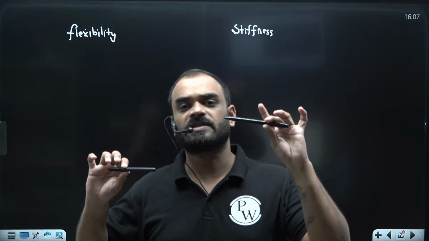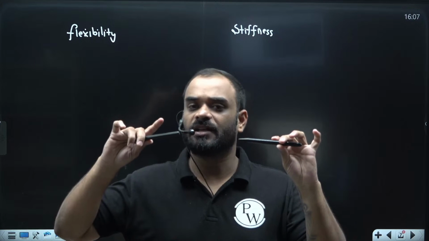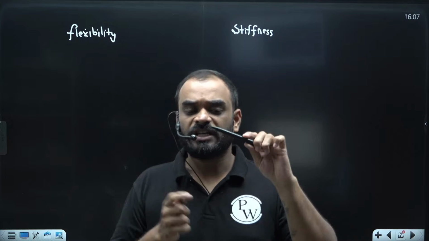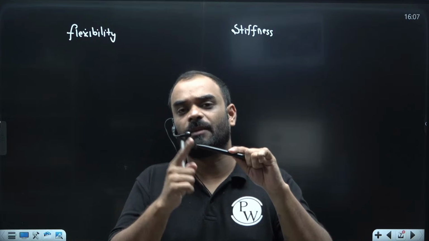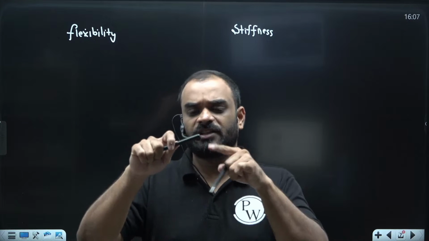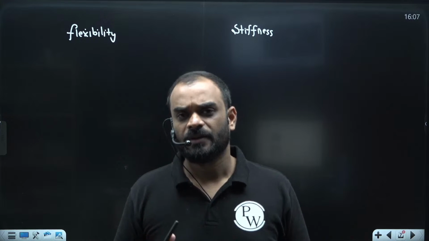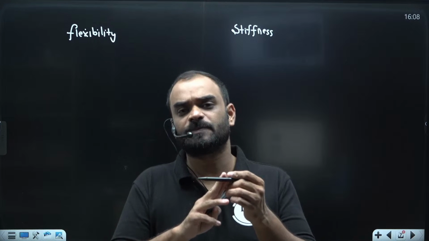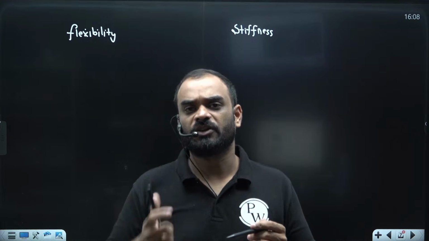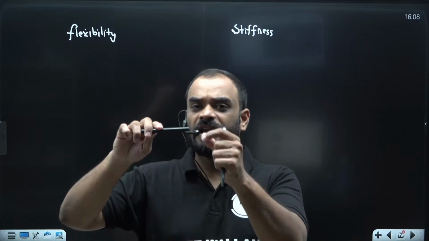In this case it is a unit force, in this case another unit force, but the displacement that occurs in this particular member is a little bit larger, and in this case it is a little bit lesser.